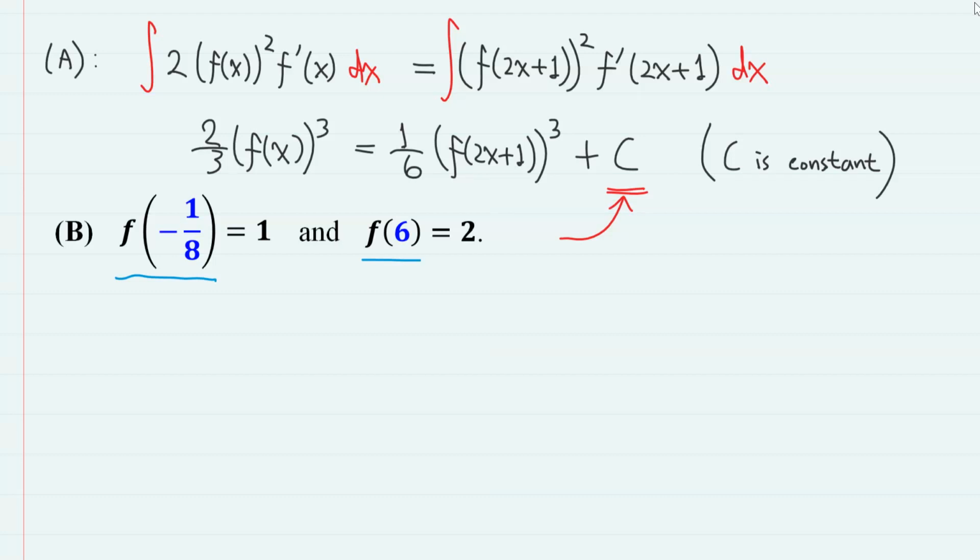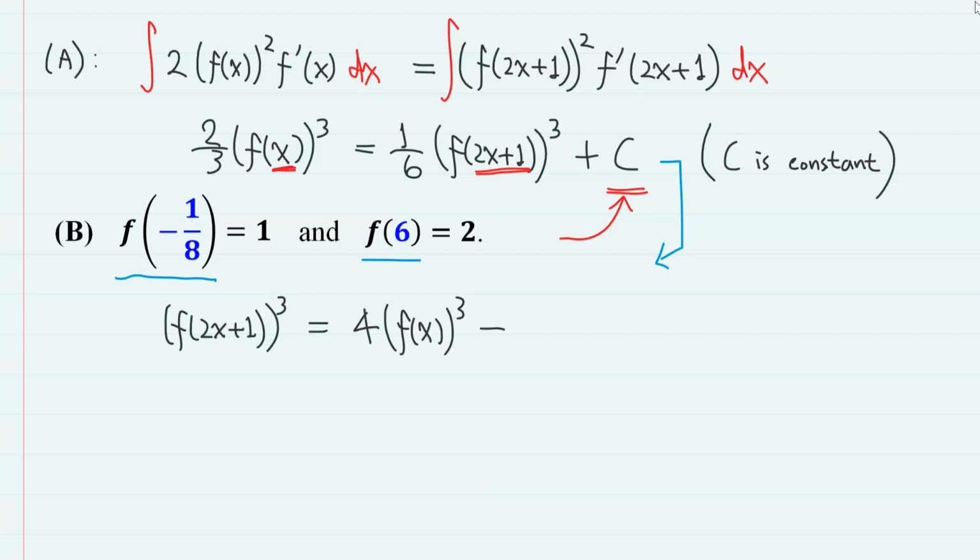The key here is that on one side we have x, and on the other side we have 2x+1. And this relation enables us to find the values of f(x) at different values of x. But in order to do that, let us first rearrange this equation a bit. Say f(2x+1) cubed on the left-hand side, then we have 4 times f(x) cubed minus 6c.